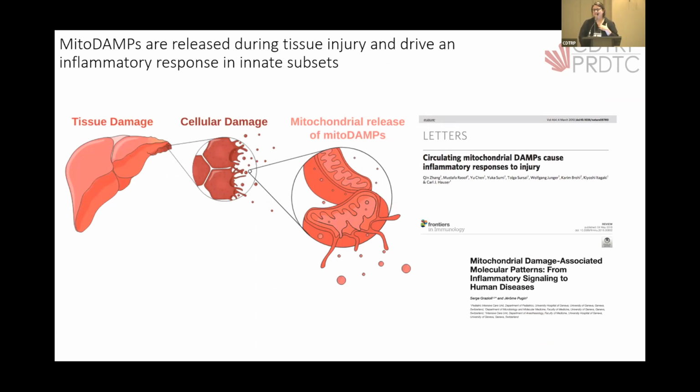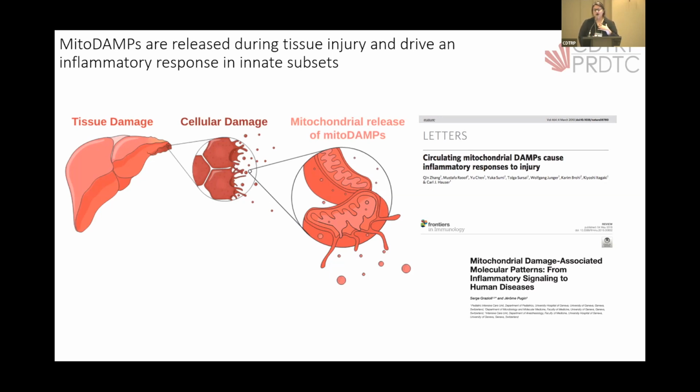DAMPs is really just an umbrella term for intercellular components that are normally involved in homeostatic cell function. Once the cell releases them to the extracellular environment, they can be subject to immune recognition. These are things like ATP, reactive oxygen species, DNA, and also mitochondria. And what I study in my PhD is mitochondrial DAMPs, which are just DAMPs derived from mitochondria.